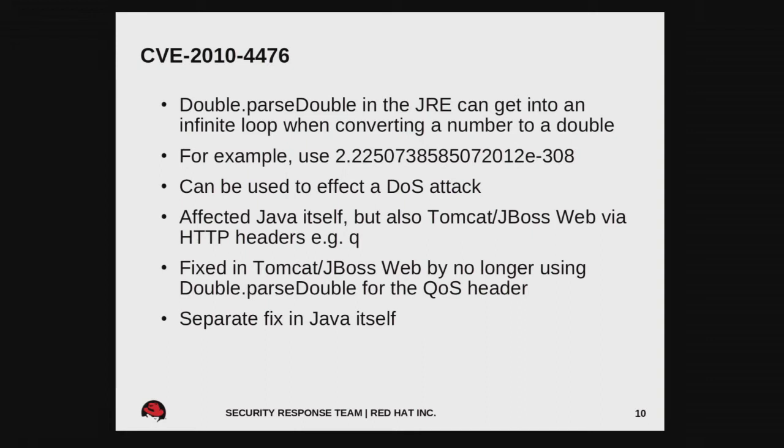But there was a secondary effect here where if you had HTTP headers coming in, the Q header, which is the quality of service header, JBoss Web would run that through parseDouble to try and translate the string representation into a double for the QoS header. So anybody could remotely DoS your JBoss server by just attaching a QoS header value, which is one of the strings that causes the infinite loop.